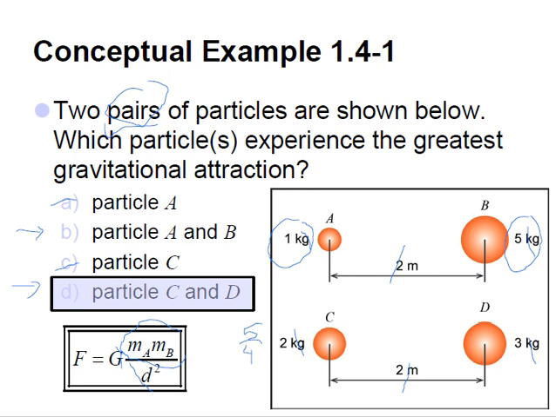So F is equal to, the very first one is a big G, because G doesn't change, it's a constant. So your first F is G times 5 by 4.